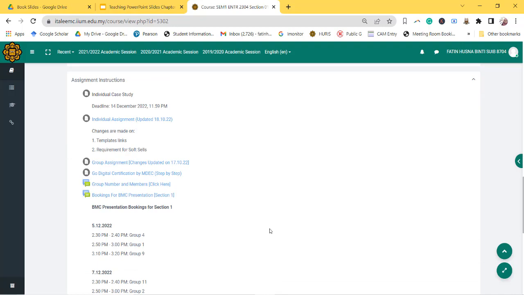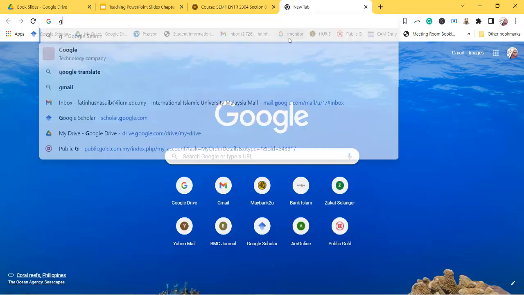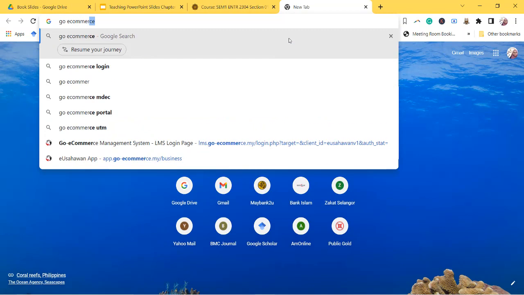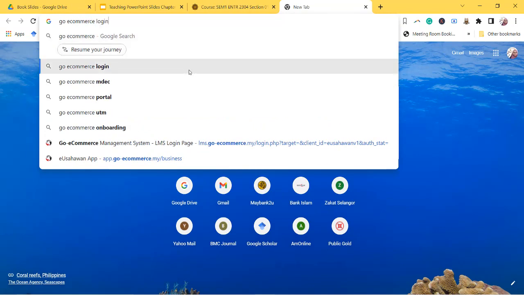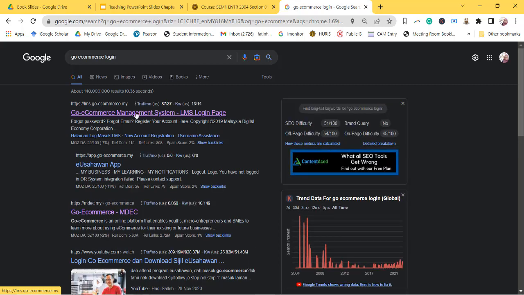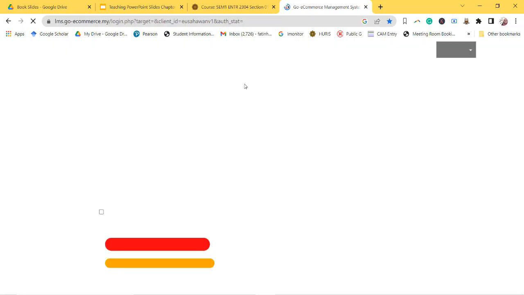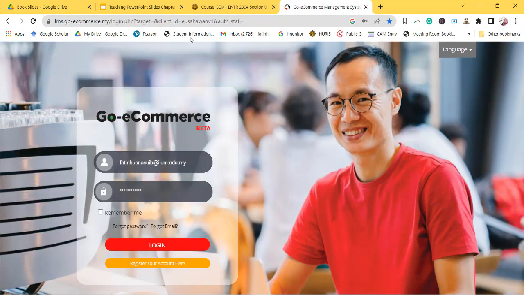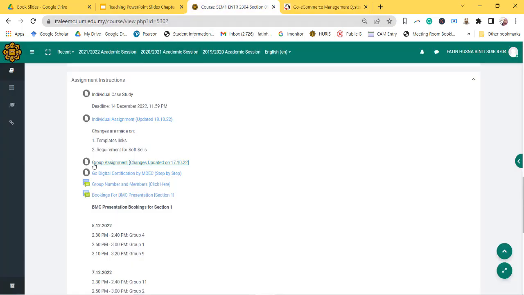Another thing is you need to sign up for your Go Digital certification, Go e-commerce. Make sure it's lms.goecommerce.my. You need to register and follow step by step.